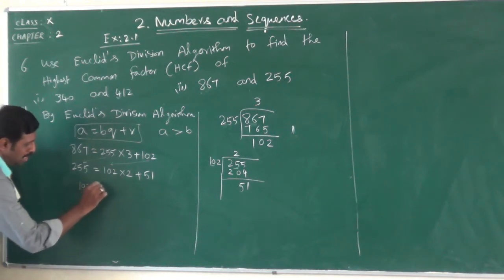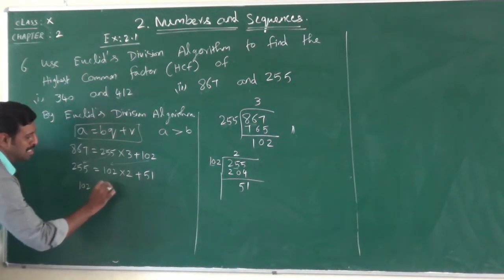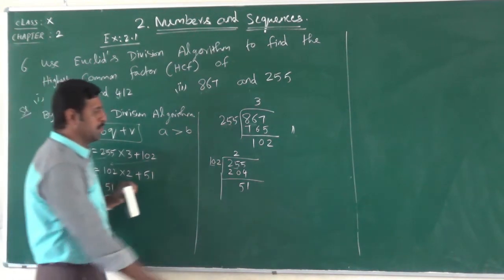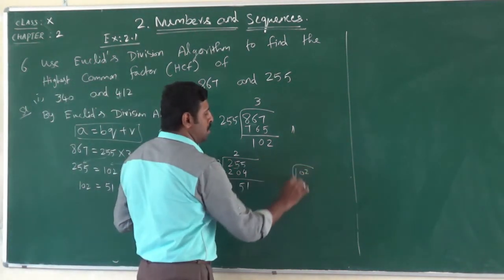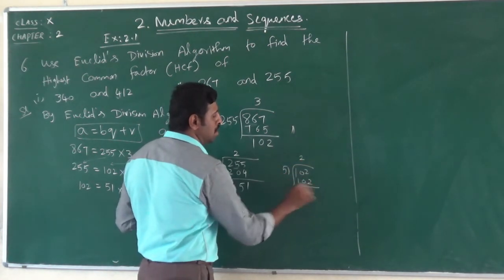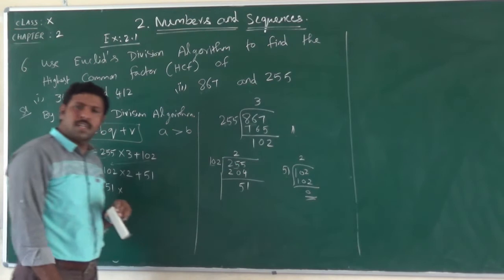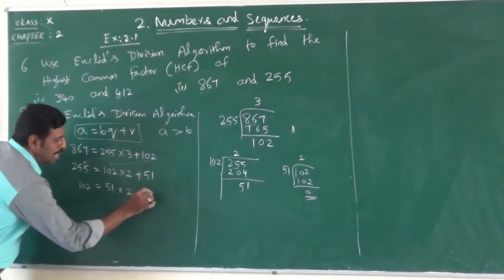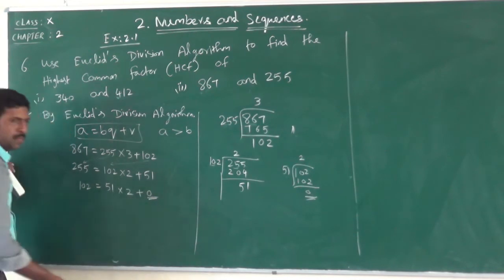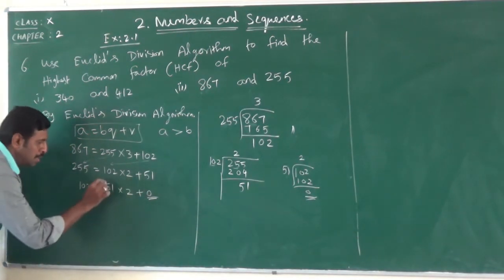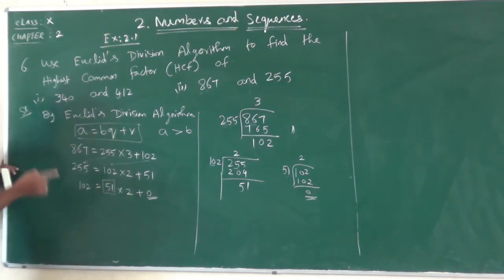I take this 102 as dividend and 51 as divisor. 102 is divided by 51. How many times? It is clearly 2 times. So 51 into 2 is 102. So we get the remainder as 0. When we get the remainder as 0, at that place we have the divisor.